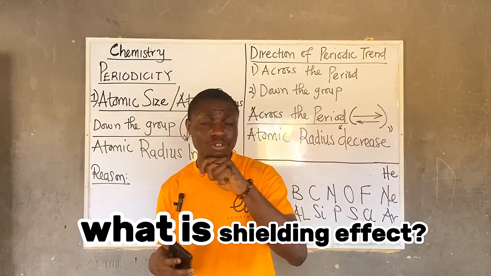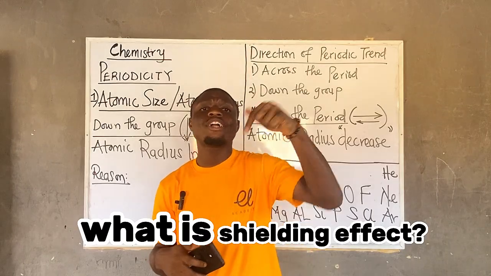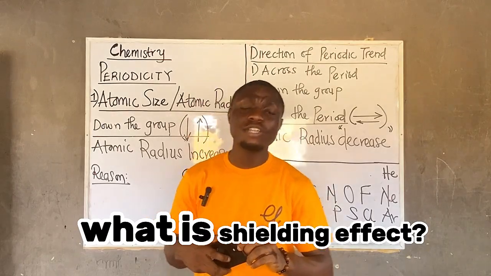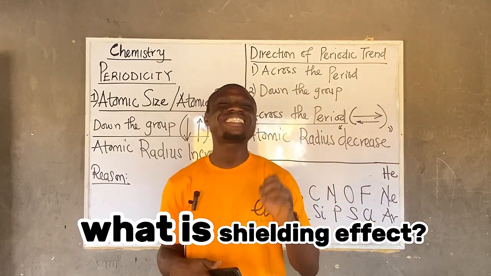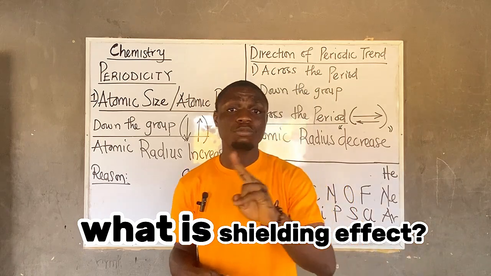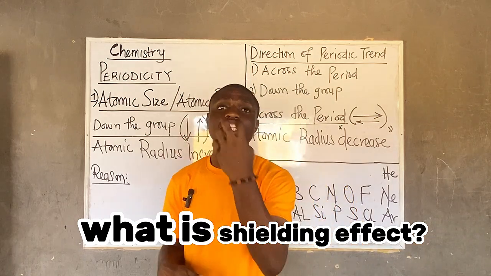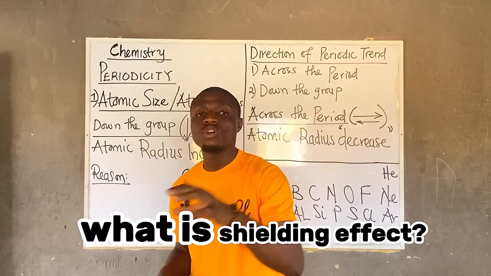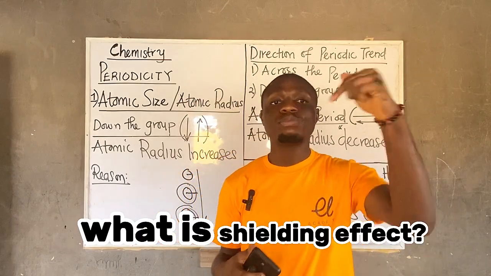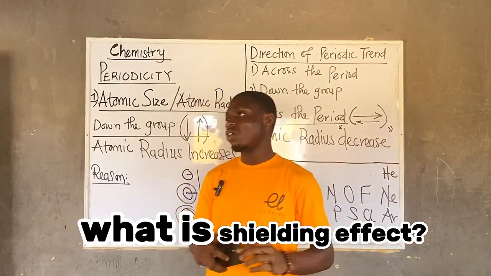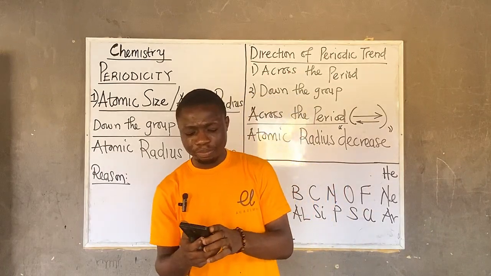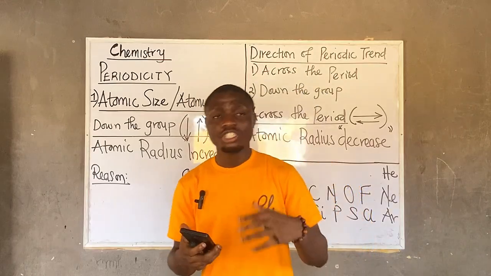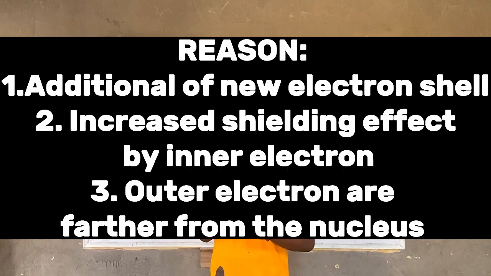I should have told you now, but like an assignment, please, in the comment section, leave the meaning of shielding effect for me. You can call it shielding effect or screening effect. There are two names to it. What is the meaning of these things? Put them down in the comment section of this video. All right, number two is increasing shielding effect by inner electrons.